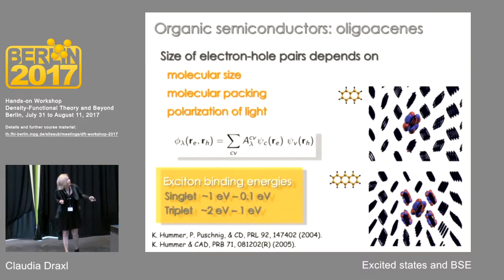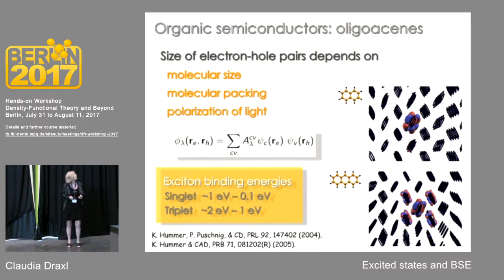But what this electron hole wave function also tells you is that it's not only sitting on the same molecule, but the electron can also go away and travel to the next molecule. And that way it gets even further away and further reduces the electron hole binding. And now if you go to longer and longer molecules, we will see that the distribution is over a range of neighboring molecules here. So we pretty much understand why the electron hole interaction is stronger in smaller molecules than in larger ones.